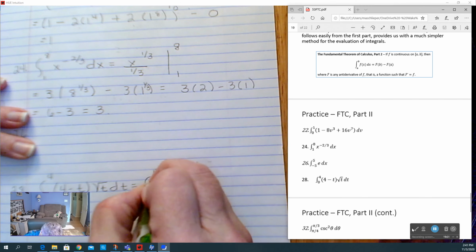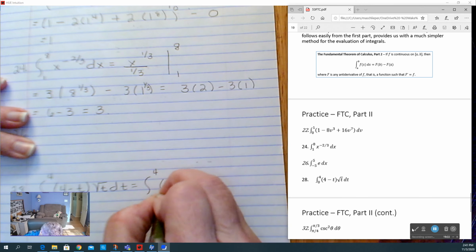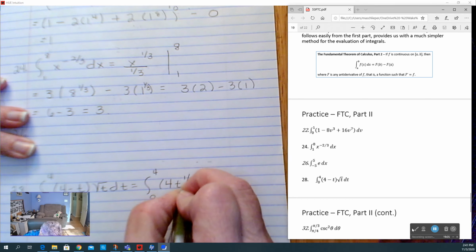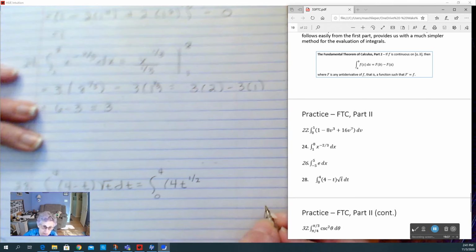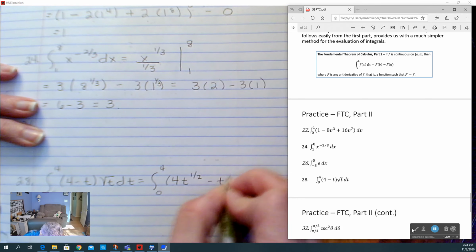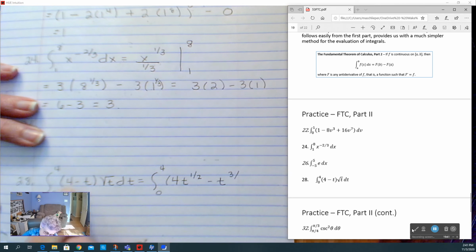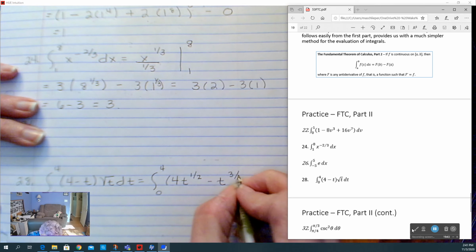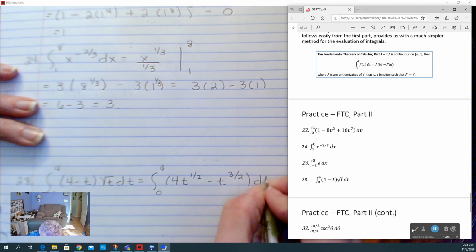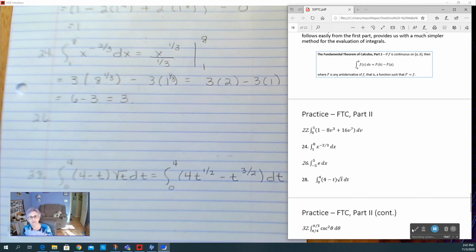So from 0 to 4, then you would have, and I'm going to write it with a rational exponent, t to the first power times t to the 1/2 power, add the exponents. So finish these two up, we'll come back and compare answers.